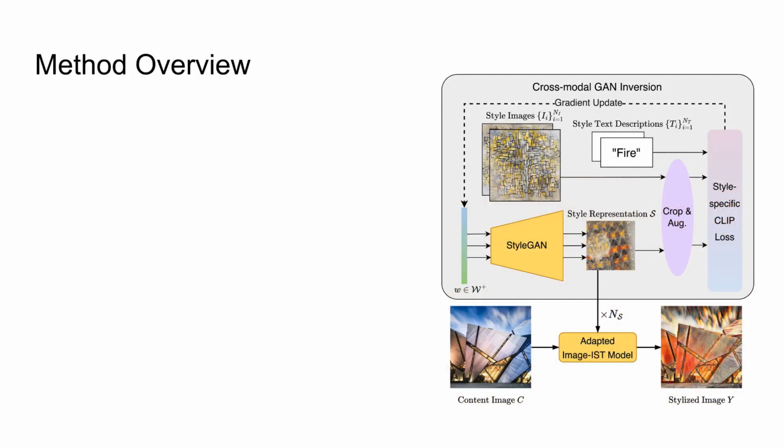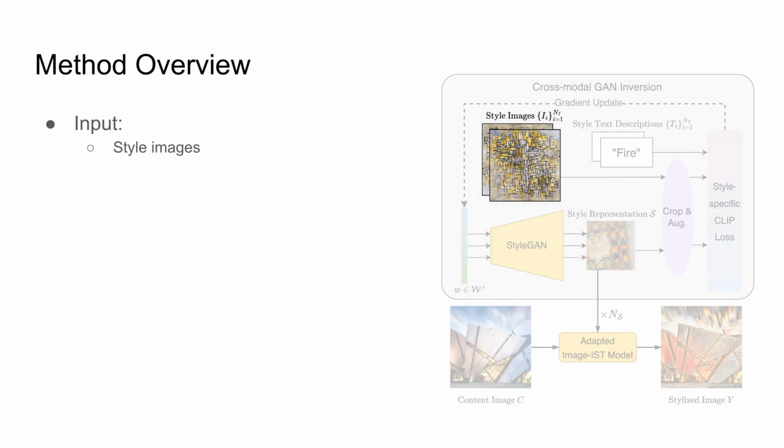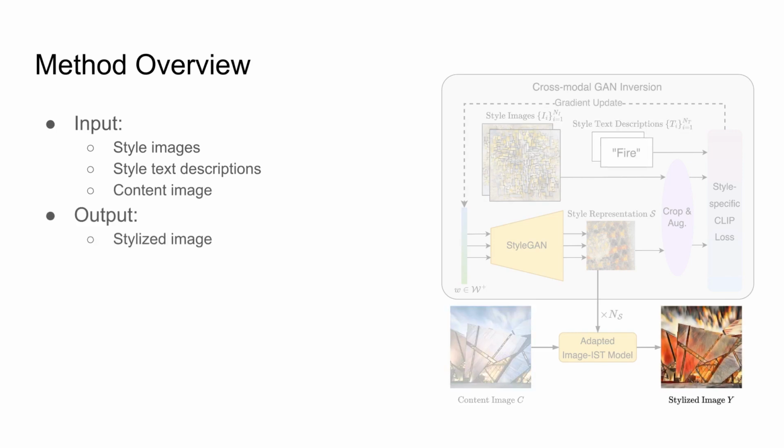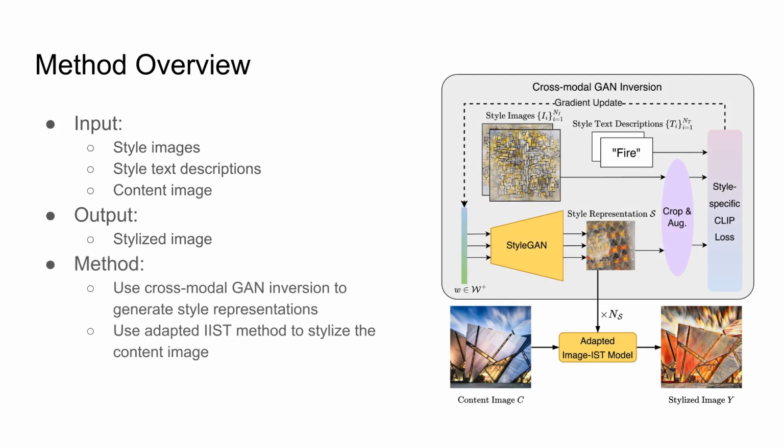This diagram illustrates our method for MMIST. It takes as input the style images, style text descriptions, and a content image. Our method simply outputs the stylized image. The core idea of our method is to use cross-modal GAN inversion to generate style representations.